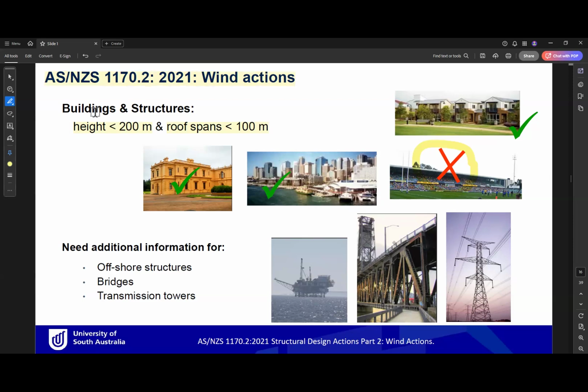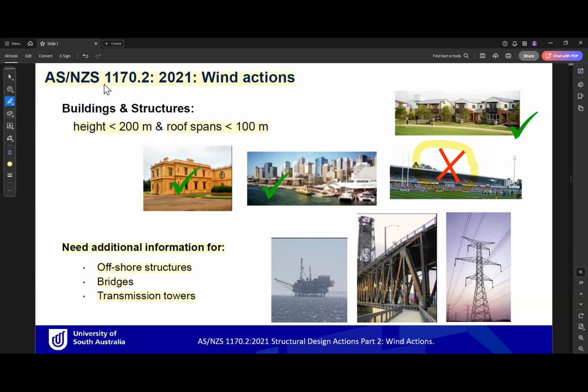This standard can also be used to find the wind on offshore structures, bridges or transmission towers, these three types of structures. But we will need more information to find the wind load on them, so it is not straightforward for offshore structures, bridges and transmission towers. It needs more research and more information.